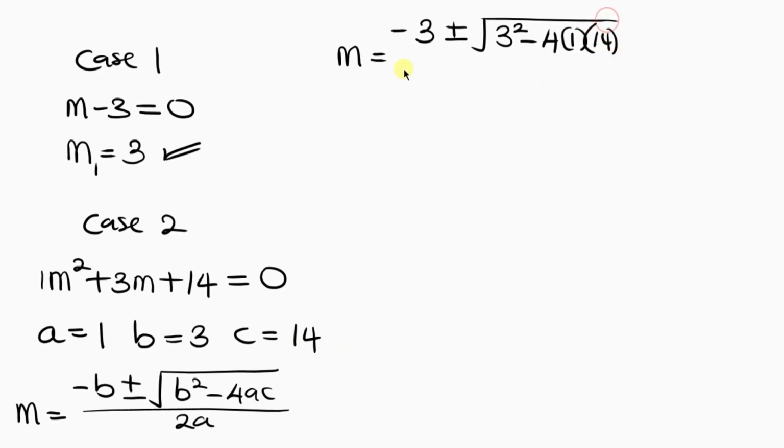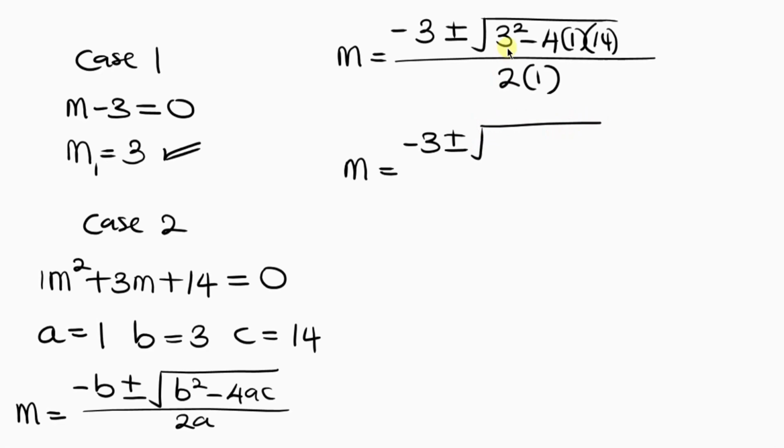Very good. All over 2 times a, that's 2 times 1. Very good. And now simplifying further, we have m to be negative 3 plus or minus the square root of 3 squared is 9, minus 4 times 1 times 14 gives 56, all over 2 times 1 is 2.